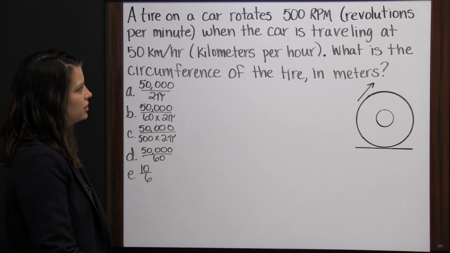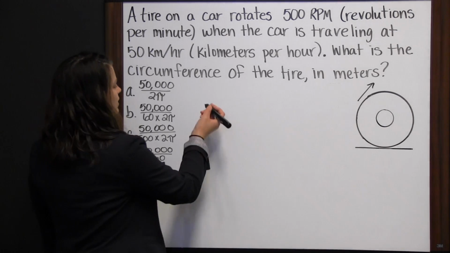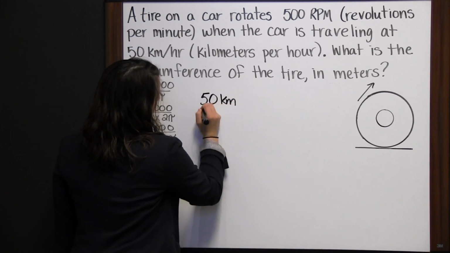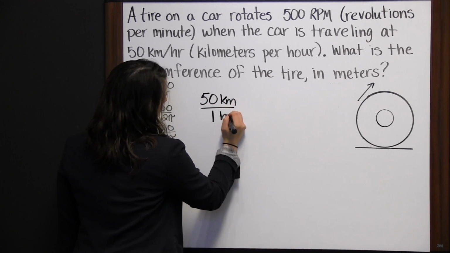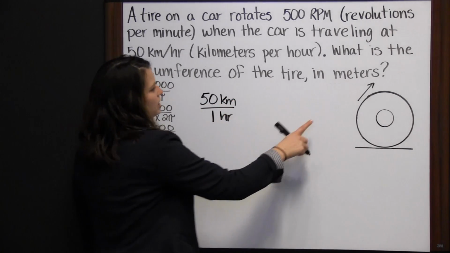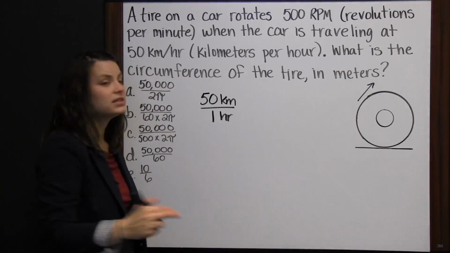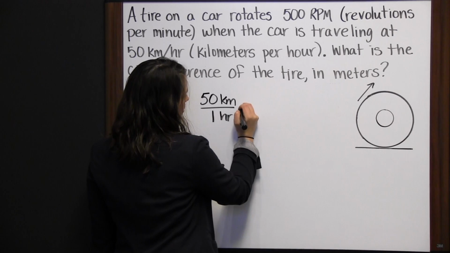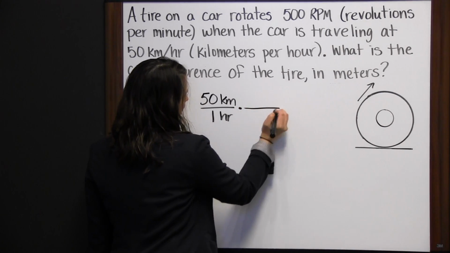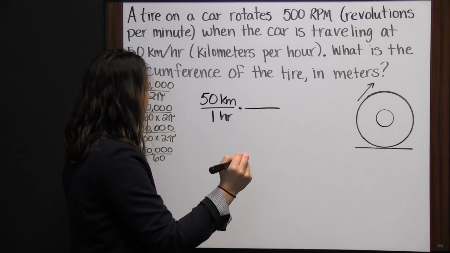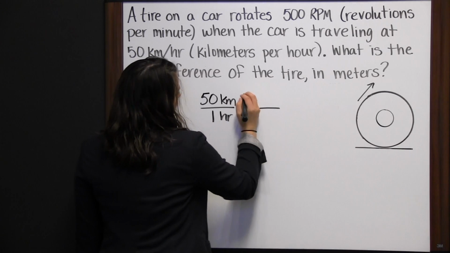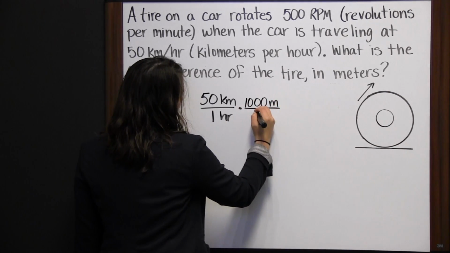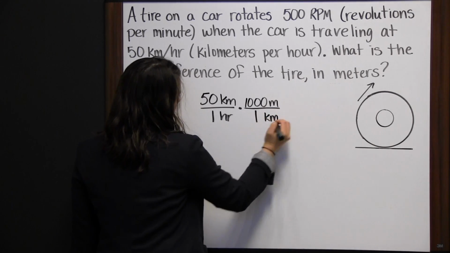Well, the first thing I want to do is take this 50 kilometers per hour and convert it into meters, since that's what they want the circumference in. So to convert kilometers to meters, I multiply it by the conversion factor of 1,000 meters is 1 kilometer.